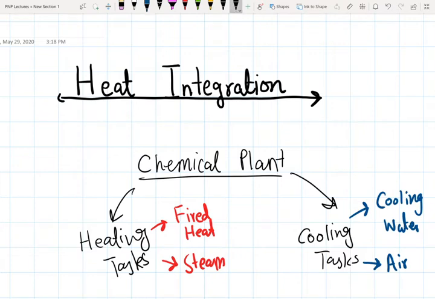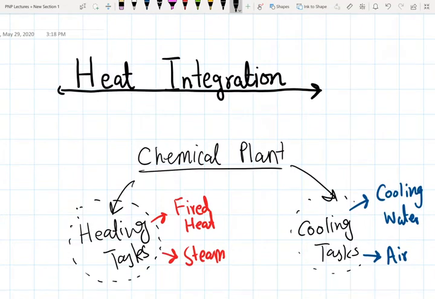In order to make the process more economical, what if we could use some heat from our hot streams? We need to perform some heating tasks, whereas the other streams need to be cooled down.